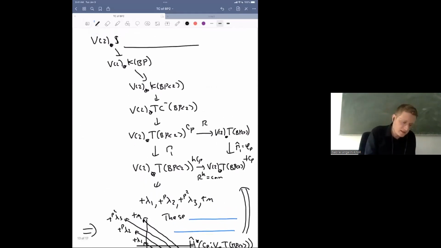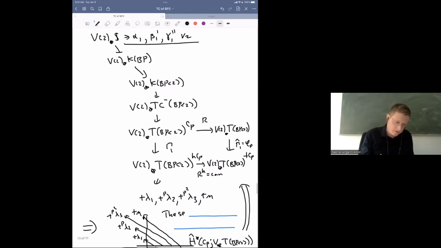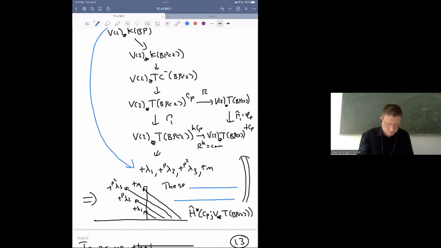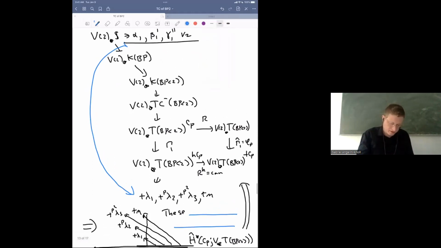So the idea is you take these elements alpha 1, beta 1 prime, which is like a box sign on beta 1, and gamma 1 prime prime, also like a mod p and v1 box sign on gamma 1 and v2. And so I claim that we can prove that these actually map non-trivially to here. And to prove that, it takes some work, and that was what I was going to talk about next.